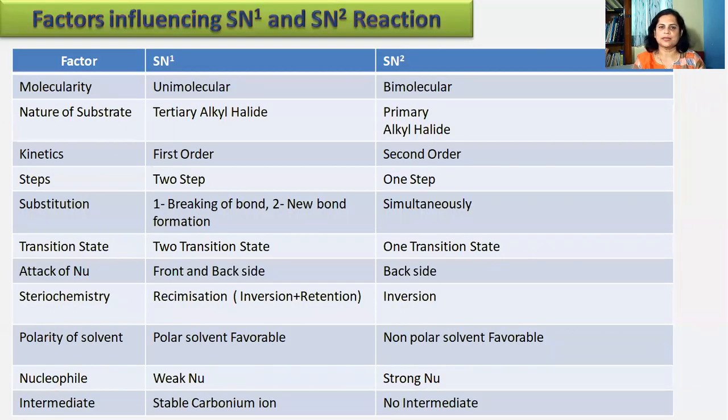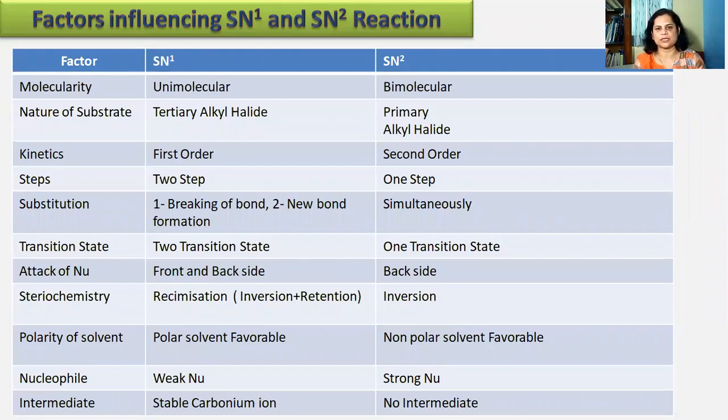Now we compare the factors related to the SN1 and SN2 mechanisms. The SN1 mechanism is a unimolecular reaction and is mainly shown by tertiary alkyl halides. It is a first order reaction, as the rate of reaction depends upon the concentration of only tertiary butyl bromide. It is a two-step reaction with two transition states, the weak bond between carbon and Br and between carbon and OH.